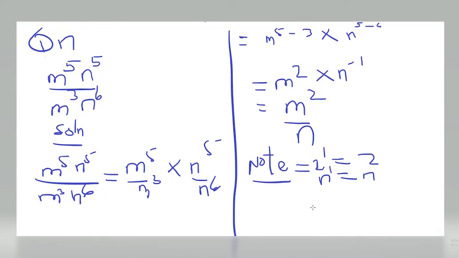For example, 2 power 0 will be equal to 1, or any number power 0, for example 9 power 0, is equal to 1. So these are very important concepts you'll be using when you are doing mathematics operations.